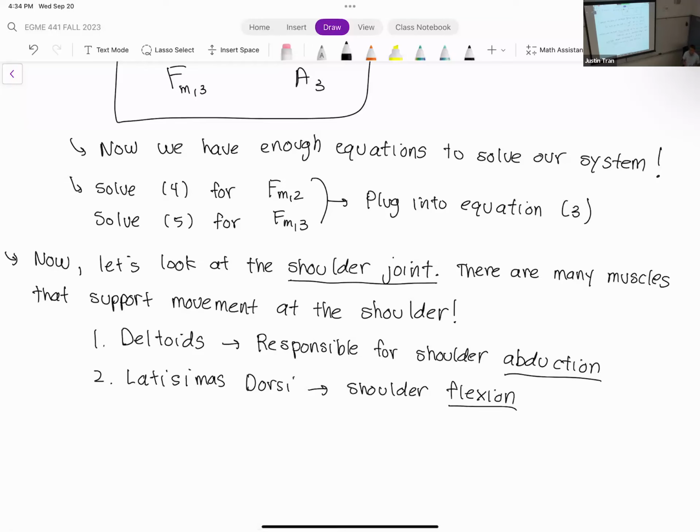Right, so the latissimus dorsi is primarily responsible for shoulder flexion. So any kind of pulling motion where you pull your arm backwards, that's your latissimus dorsi.